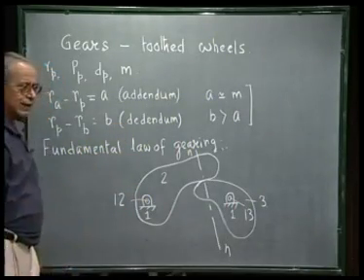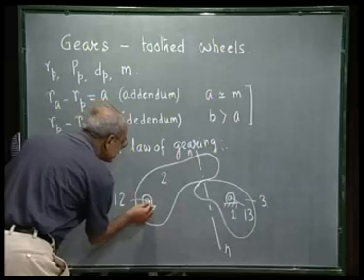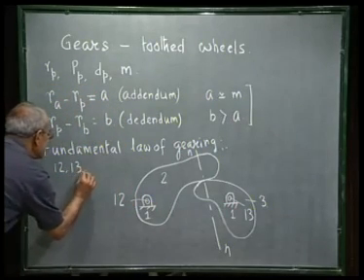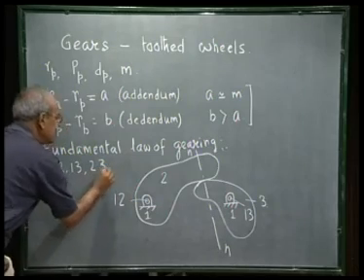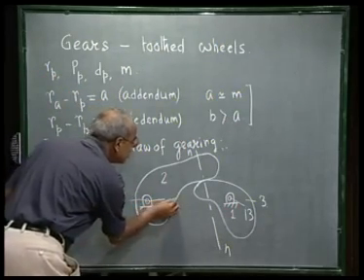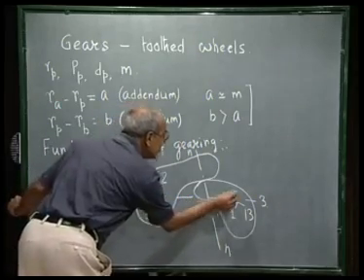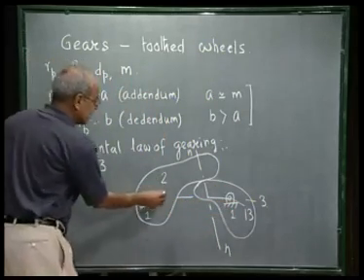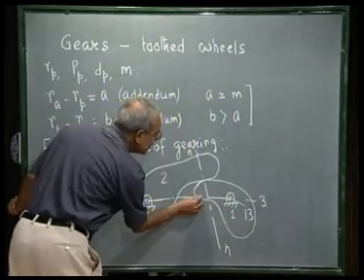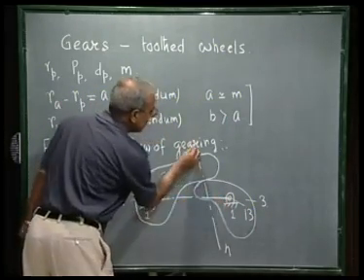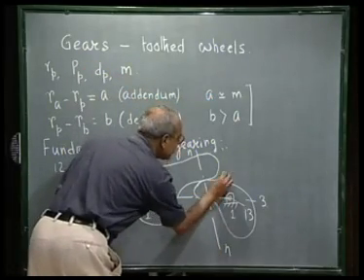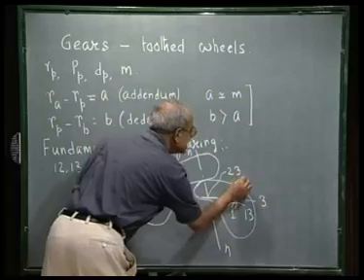Applying the Aronhold-Kennedy theorem, we know that 1, 2, 1, 3 and 2, 3 must be collinear. So, if we draw the line 1, 2, wherever it intersects this line n n, this must be the location of 2, 3.